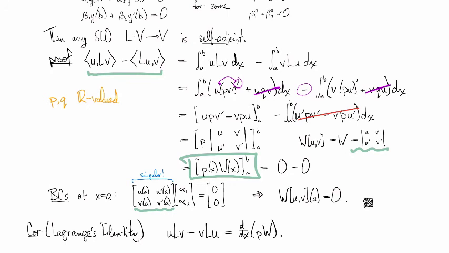Also, when I put these into the inner product up here, I need to include the fact that there's a conjugate on this one and a conjugate on this one. The conjugate on Lu becomes L conjugate u, but because p and q are both real valued, the conjugate doesn't matter.